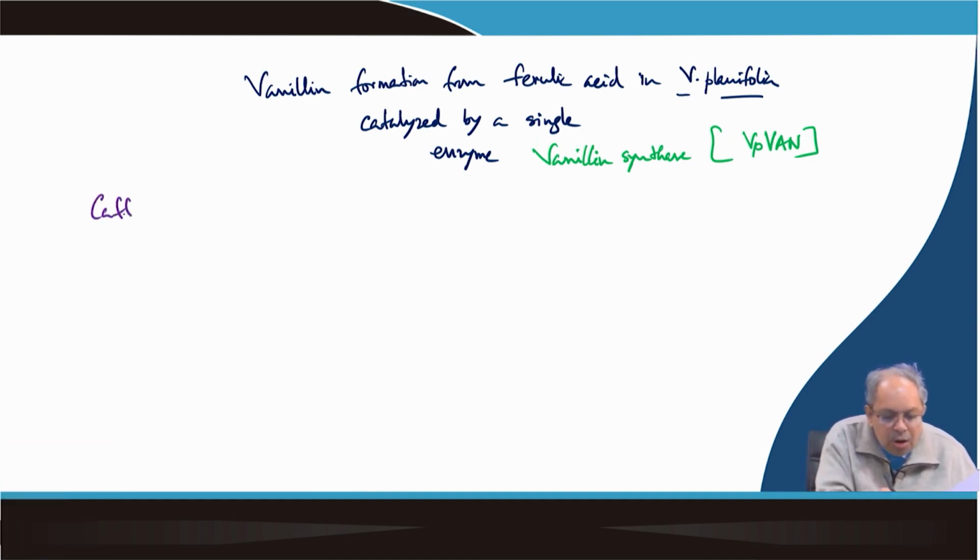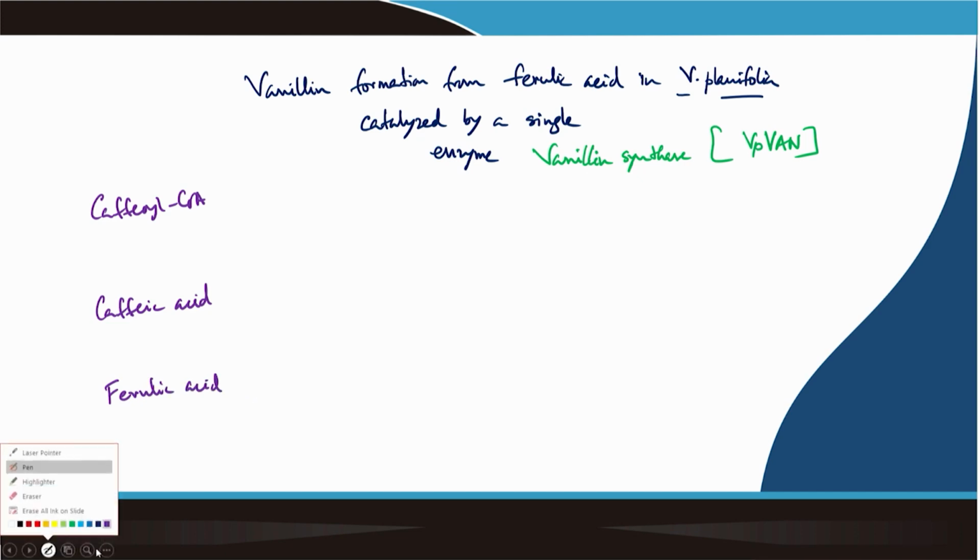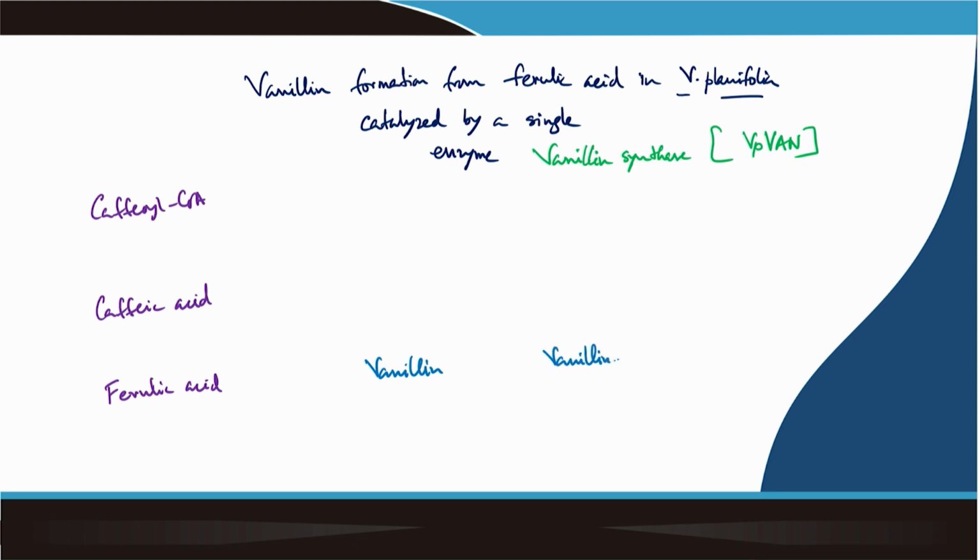So, from caffeoyl CoA it makes caffeic acid, and from caffeic acid they say it makes ferulic acid, and from ferulic acid vanillin is formed, and this vanillin eventually converted into vanillin glucoside.